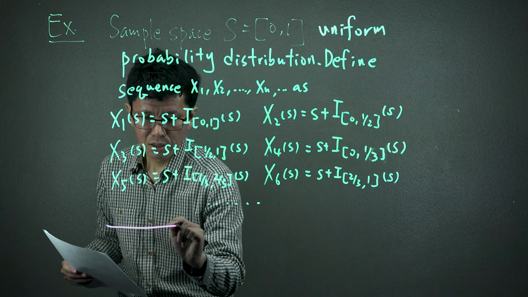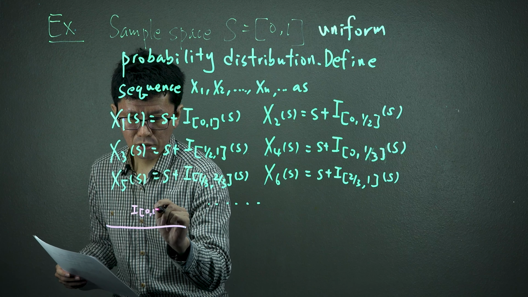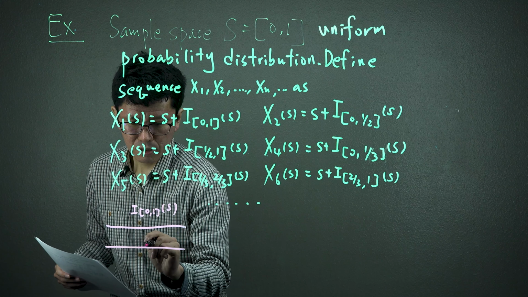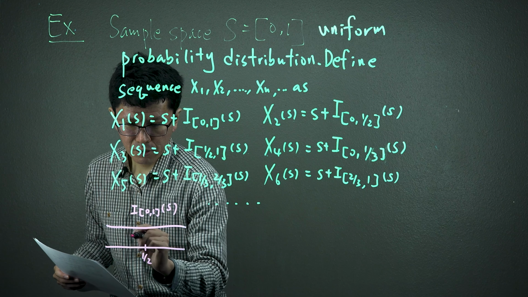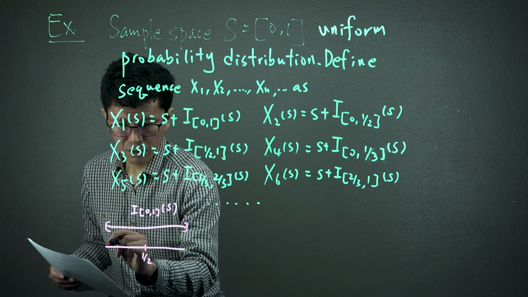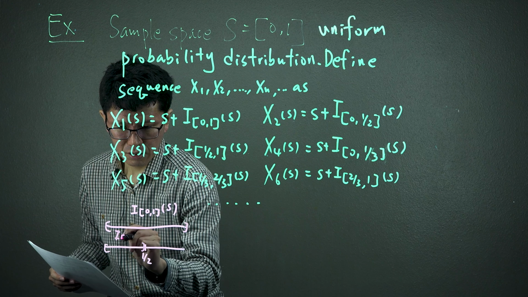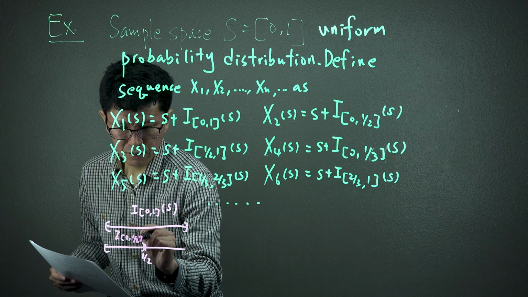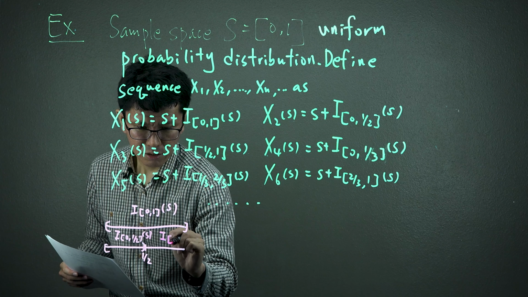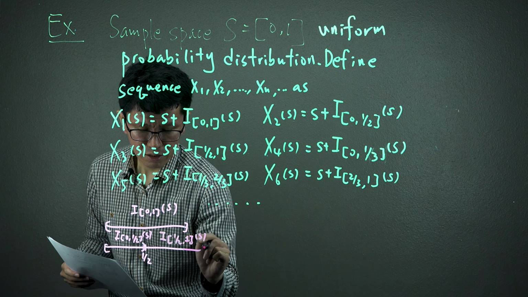So you can think of the indicator of 0 to 1 of s, and you have 1/2 in here. This is going to be the indicator of 0 to 1/2 of s, and the rest is the indicator of 1/2 to 1 of s.